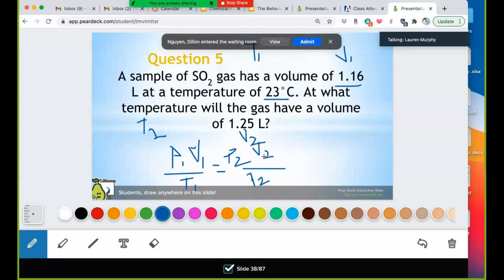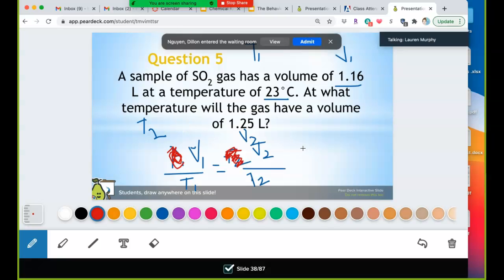And then as long as you remember this one, you go, oh, I have a bunch of volumes and temperatures. Who wasn't mentioned at all? Pressure. I didn't see anything about pressure, so I just cross it off, pretend it's not there, meaning you're just assuming the pressure is remaining constant. And then there is your relationship between volume and temperature. V1 over T1 is V2 over T2.